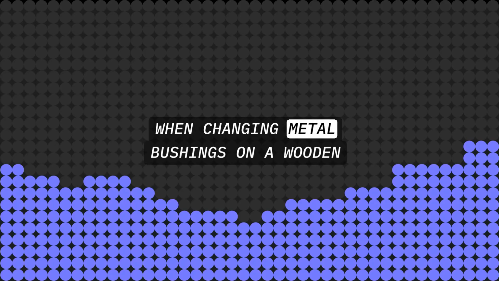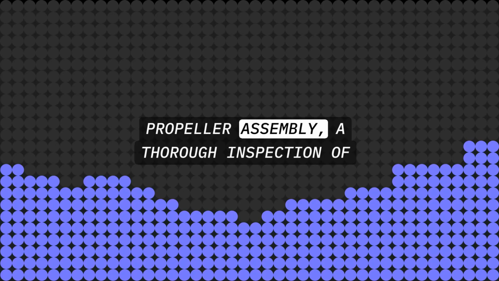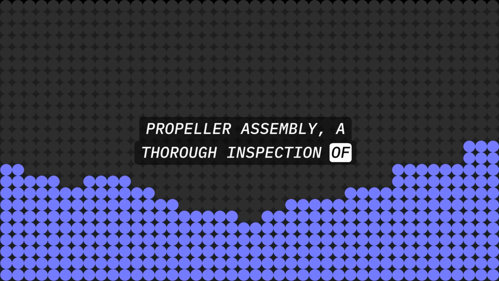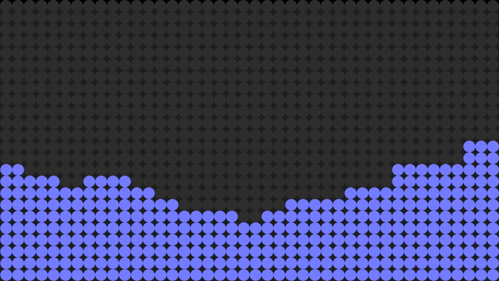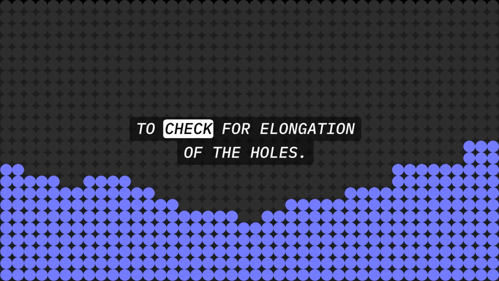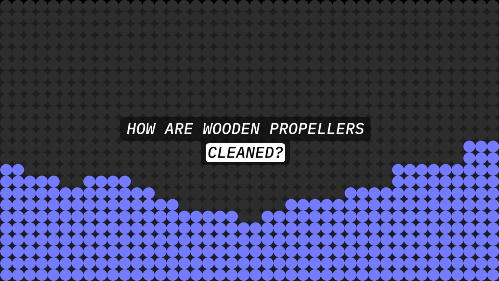When changing metal bushings on a wooden propeller assembly, a thorough inspection of the bolt holes should be accomplished. Why? To check for elongation of the holes. How are wooden propellers cleaned?